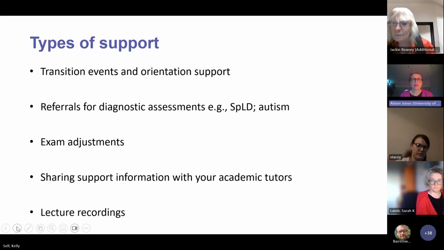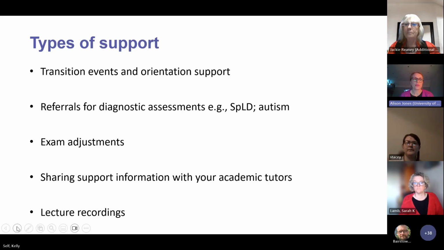So we've talked about the need for evidence, and I think Jackie already mentioned that if a student needs an updated SPLD diagnostic assessment, for example, then the university might have a referral route for that. Some universities can refer students to an educational psychologist so that they can have an updated SPLD assessment.